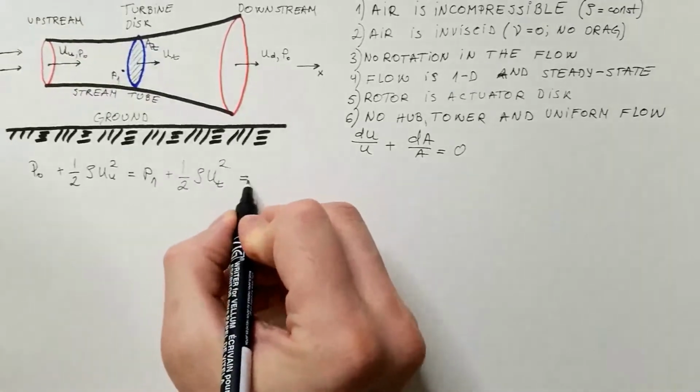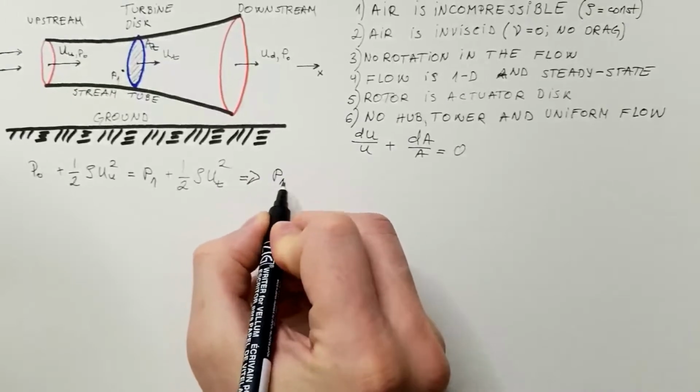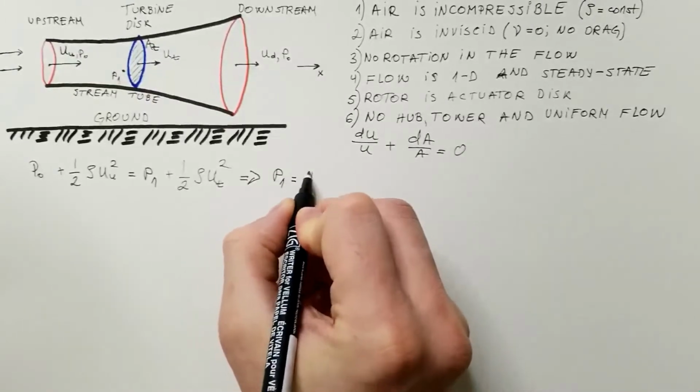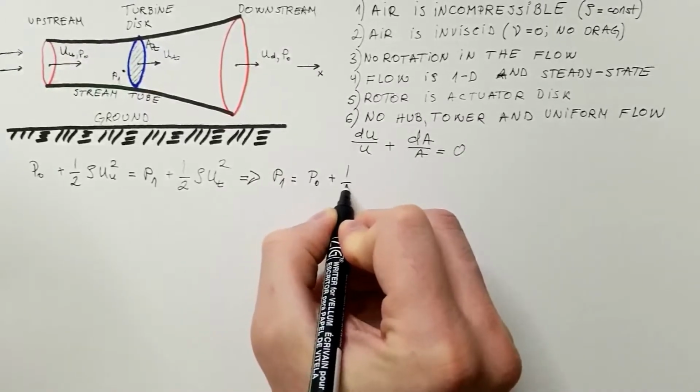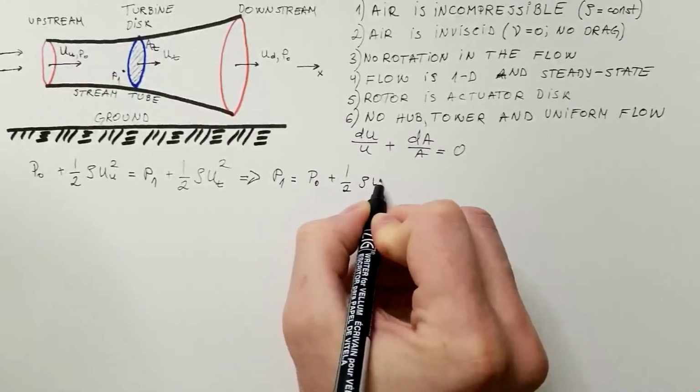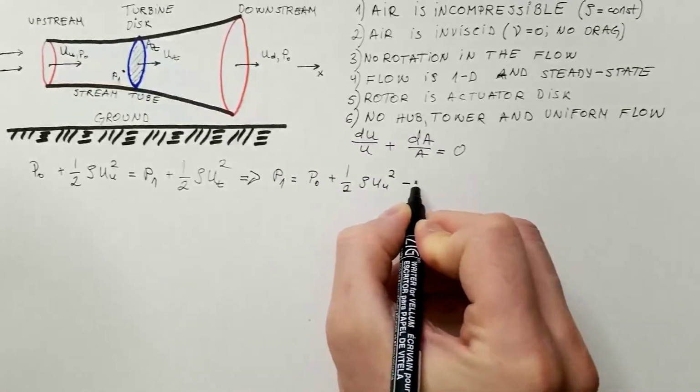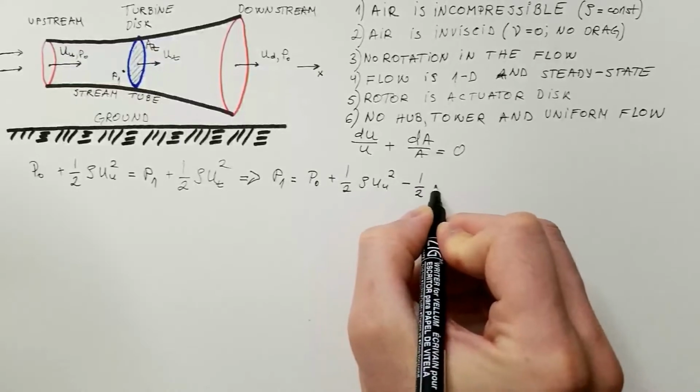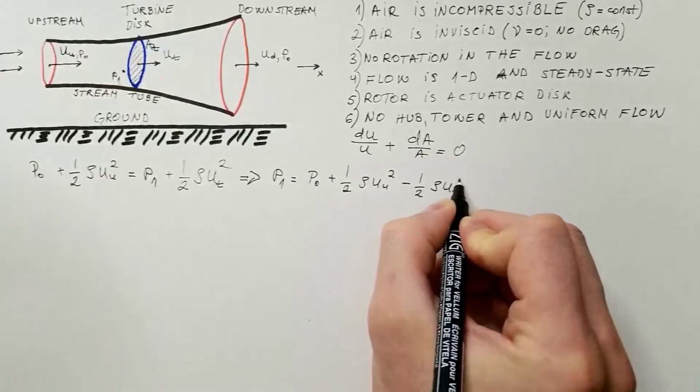From here, we can see that pressure P1 is equal to P0 plus 1 over 2 rho u upstream squared minus 1 over 2 rho u turbine squared.